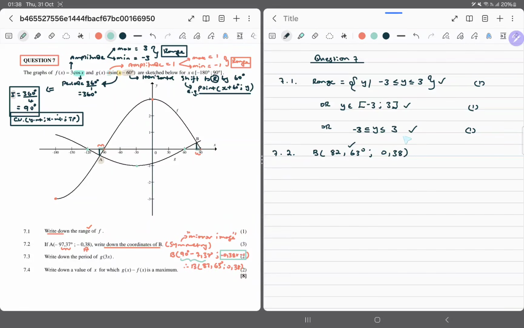Okay guys, we get a mark for this, and of course maybe the setup. I don't know how those 3 marks come about, because when the question says write down and you have 3 marks, it's ridiculous, because that's not how we ask. It should be 2 marks, 1 mark for this, 1 mark for that. Just an answer only is okay.